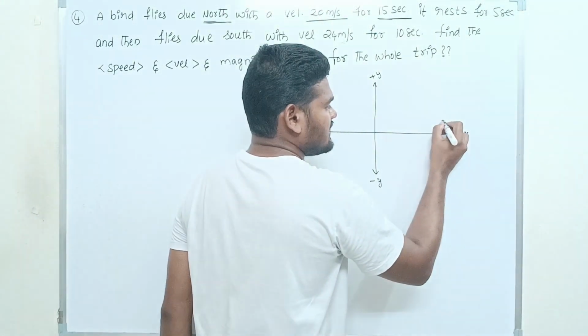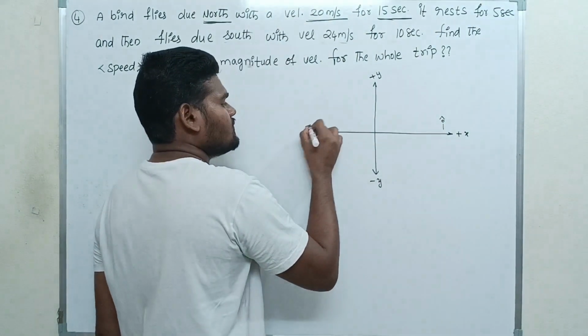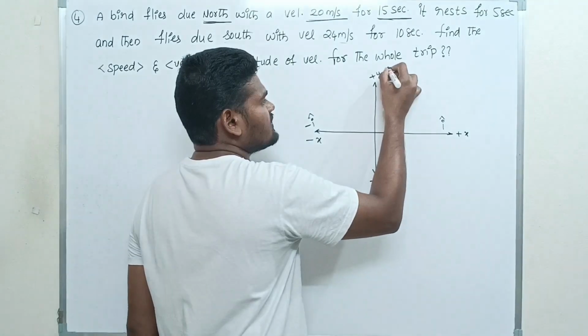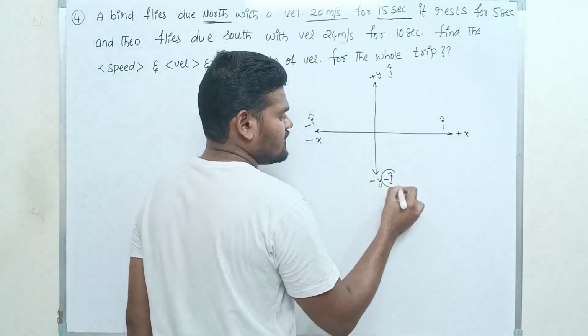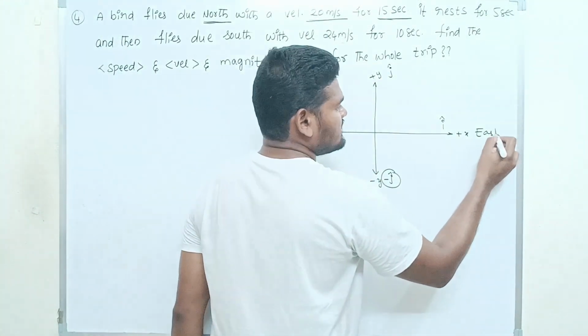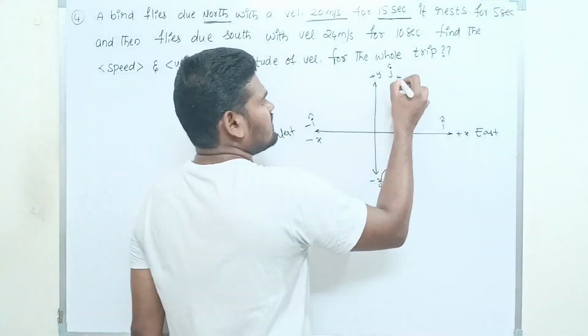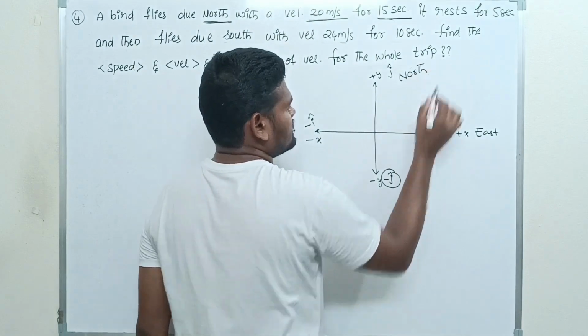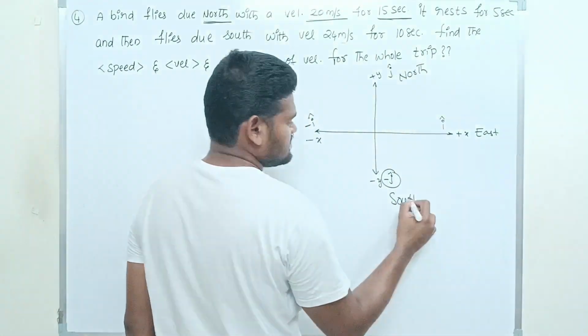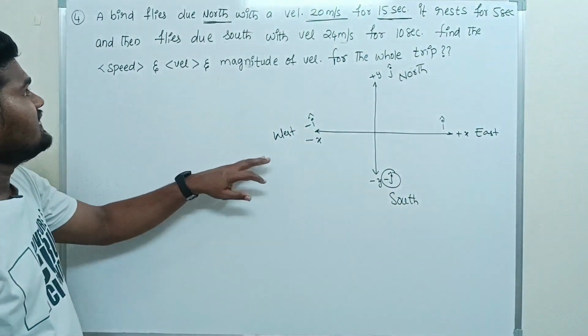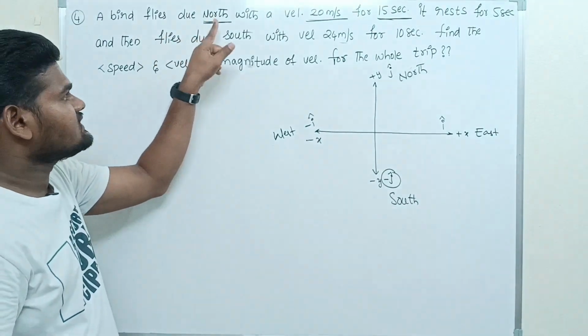So what is the unit vector along plus x? i cap, minus i cap, j cap, minus j cap. Also it is called the east direction. This is the west direction, north, and this is the south direction. Okay, so what is given in the question? A bird flies north.